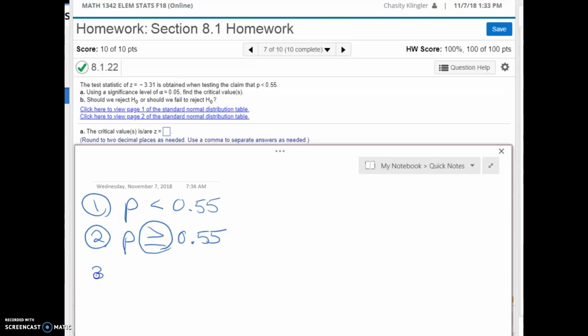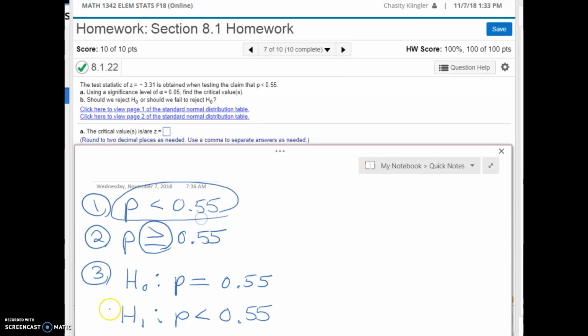So when we go down to write our null and our alternative hypothesis, the null has the equals, and then the alternative is the less than. Then go ahead and star whichever one was the original, which was the less than. So in this case, our alternative hypothesis is our original claim. So that's steps 1, 2, and 3.